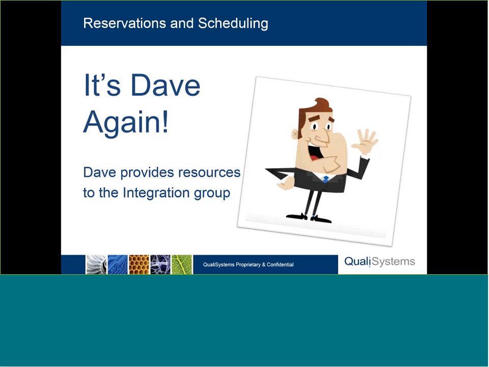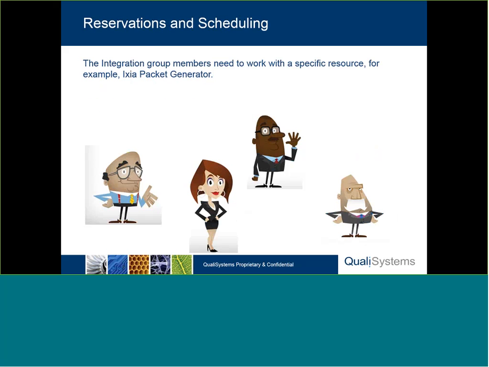Now, for example, let's say that Dave provides resources to the integration group. Each one of them needs to access a specific resource and use it for tests, for support issues. It doesn't matter exactly what the resource itself is, and it doesn't matter what the usage of each and every individual working with the system is.